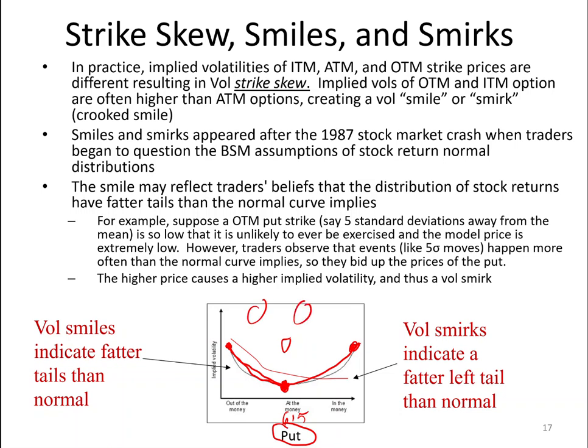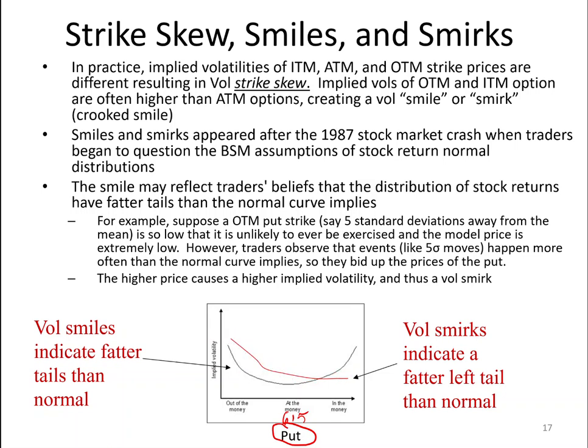There's a face, there's a nose. Sometimes when we graph them, we get implied volatilities that look like this, kind of even on the right side and really high for the out of the money put strike. And we call that a smirk, like a crooked smile.